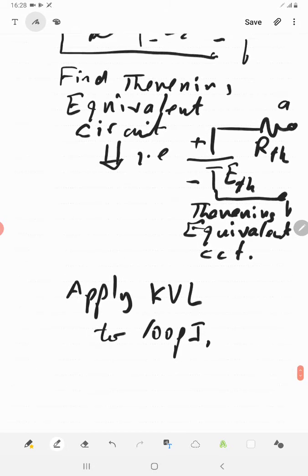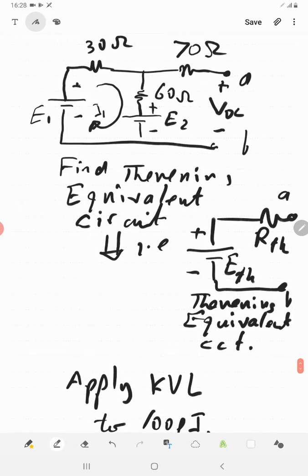This is I1. The current flowing in here is I1. The current flowing here is also I1. The current flowing here is 0 amps. Why? Because it's open circuit. We don't have any current in the 70 ohms branch. It is 0 amps.